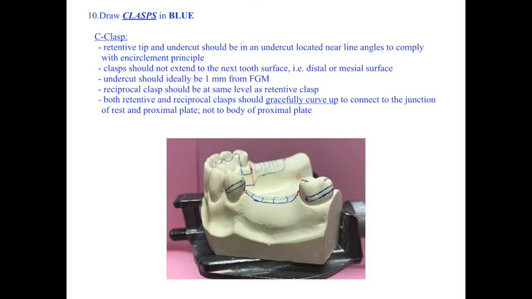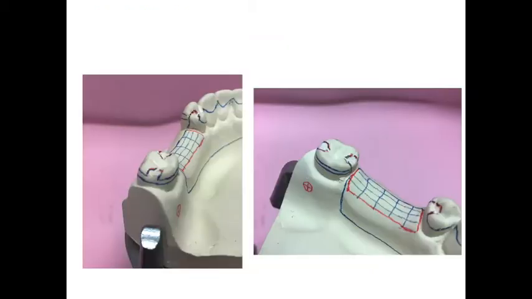And remember, when you draw your clasp, come from the top to the bottom, and be sure the end of your clasp is at the undercut location, meaning your clasp really engages into the undercut. This one, I actually put a ring clasp from the lingual to the buccal.